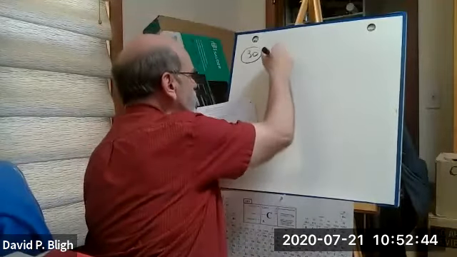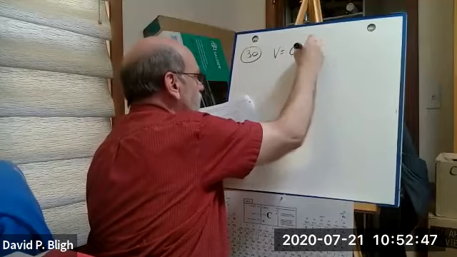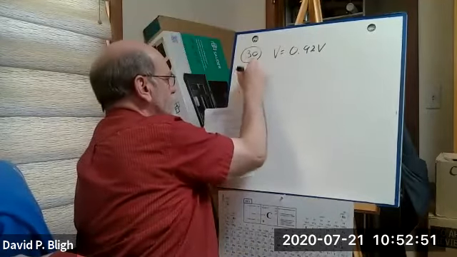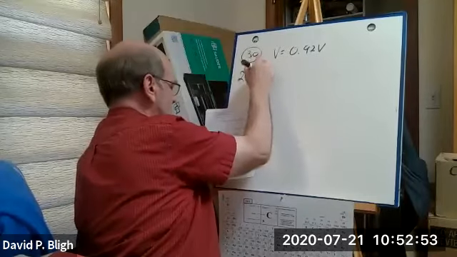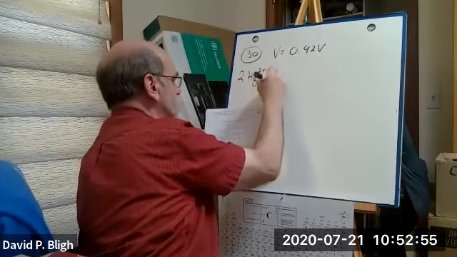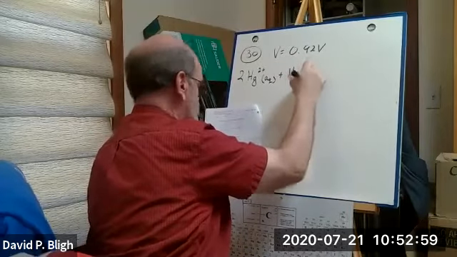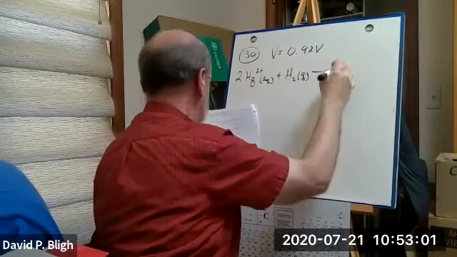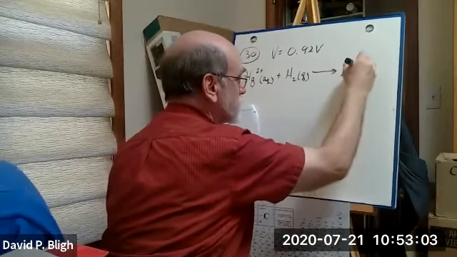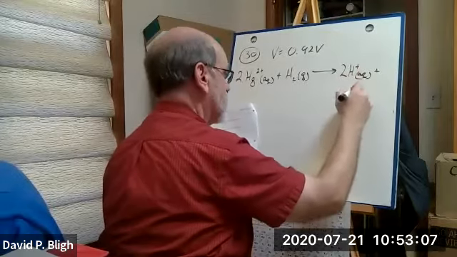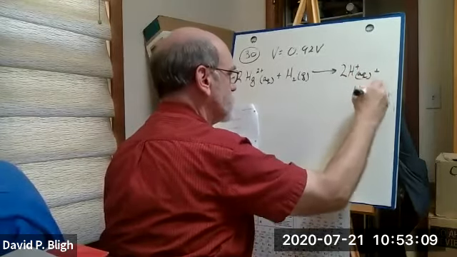So this reaction has a potential of 0.92 volts. 2 Hg2+ and hydrogen gas yields 2 hydrogen plus aqueous plus Hg2+.